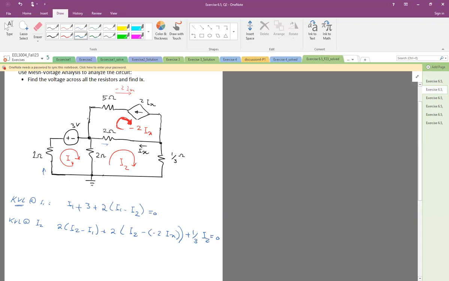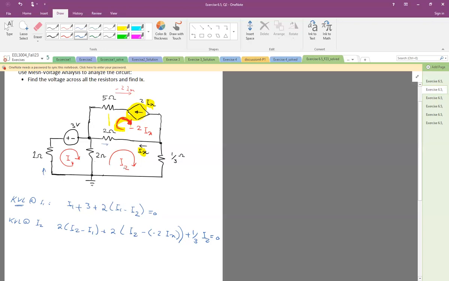And then on that mesh, I don't need to write any KVL here because, because of this current source, we already labeled it. But the only thing that I have to do, because this is dependent, is write an equation that somehow relates the dependent value to other values.